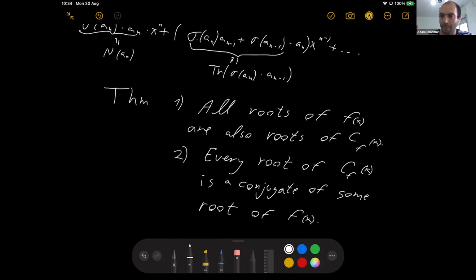So eventually, what I'm trying to say is that the roots of cfx are the conjugacy classes of the roots of fx.